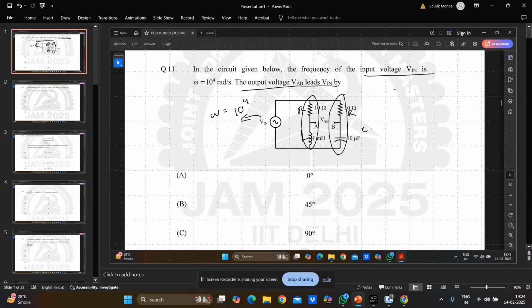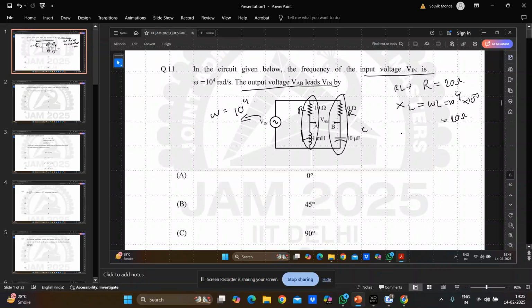Okay. So now for the RL circuit, let's note that R is equal to 10 ohm. And what is XL, the inductive reactance? It is simply omega L. So omega is 10 to the power 4 and L is 10 to the power minus 3 because it's 1 millihenry. So it is also 10 ohm.